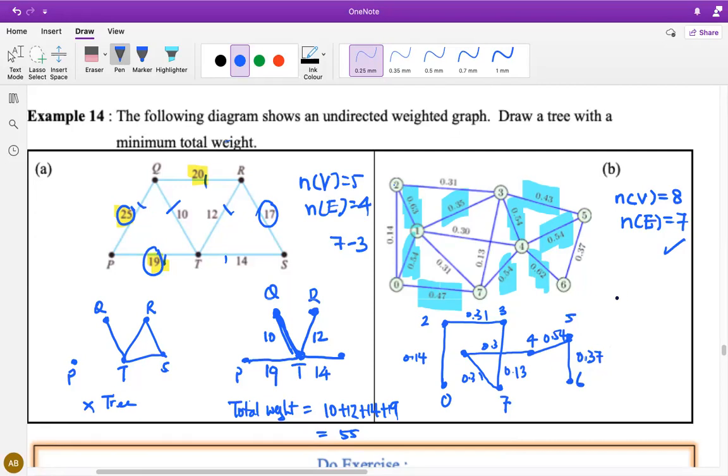Minimum total weight. So we assume this is weight, gram, right? So let's check. Okay, 0.14 plus 0.31. So you have 5, 4. Then you have 0.3, 0.75, and then you plus 0.13. So you have 8, 8. Okay, and then 0.31.